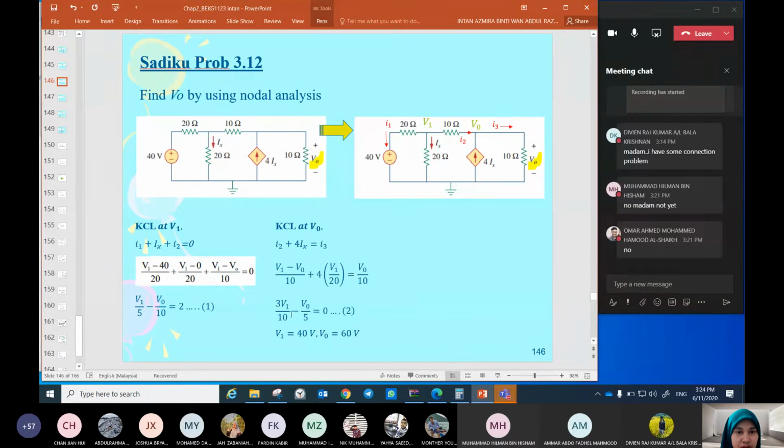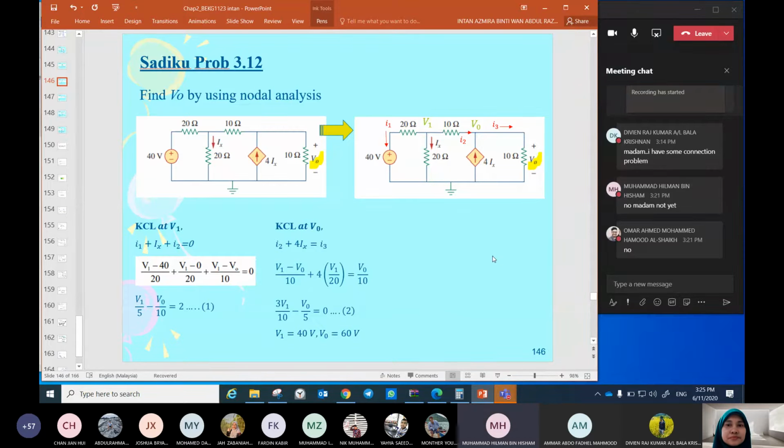So make sure that the other equation is arranged in the same arrangement, V1 followed by V0, equal to the round number. Okay, this is the answer from the calculator. We will get V1 and V0. The answer is V0 is equal to 60 volts. Can understand? Say yes, type yes.